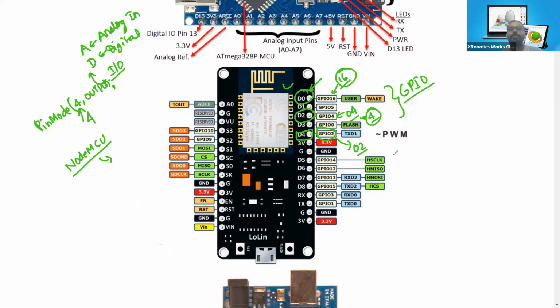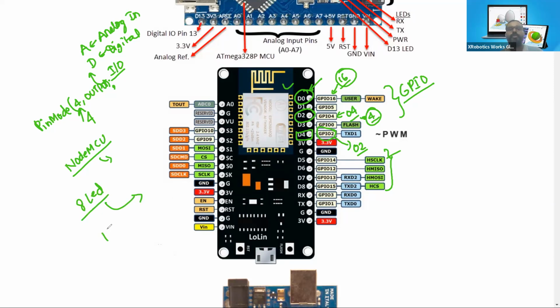So apart from this, we do have different pins as well, like the MISO, MOSI, and CLK. CLK stands for the clock, which I will explain to you in future classes, the time when we will communicate with other hardware devices using this pin. Because suppose if we are going to integrate 8 LEDs into our project using the Node MCU, then yes, the 8 pins are available.